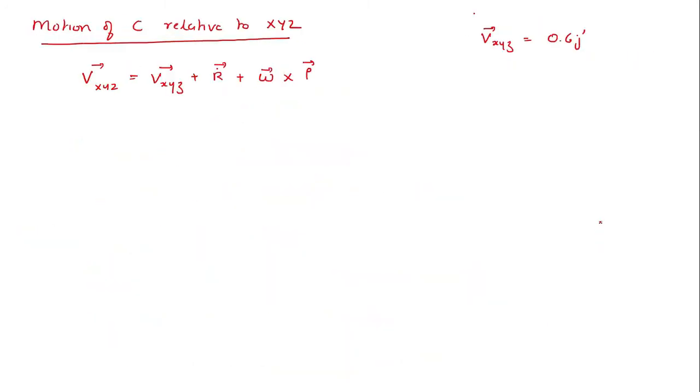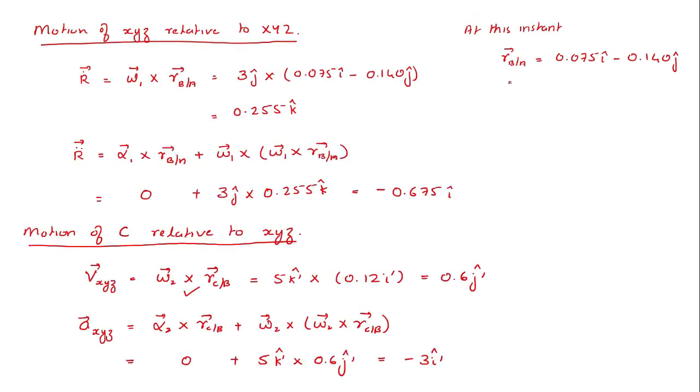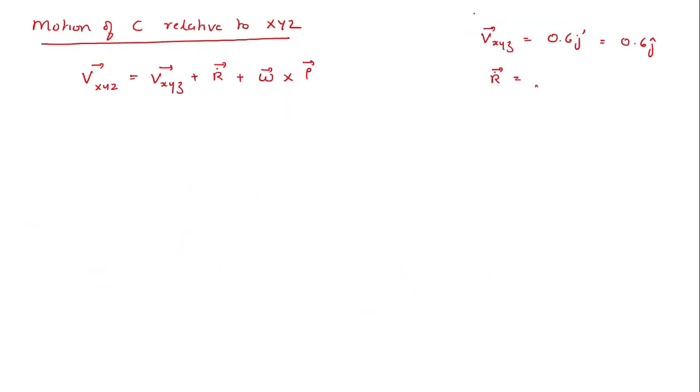Apply that principle, you will get 0.6 j' is equal to 0.6 j. Then R dot, we have already obtained it as 0.255 k cap.